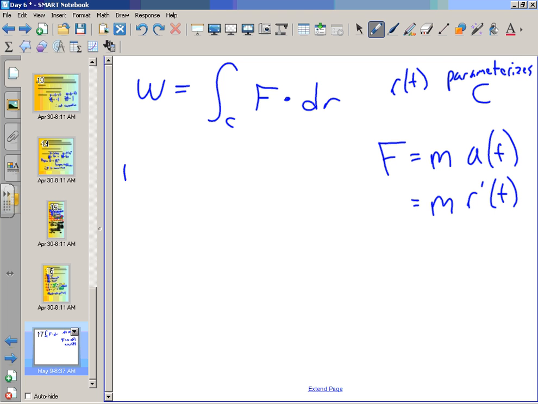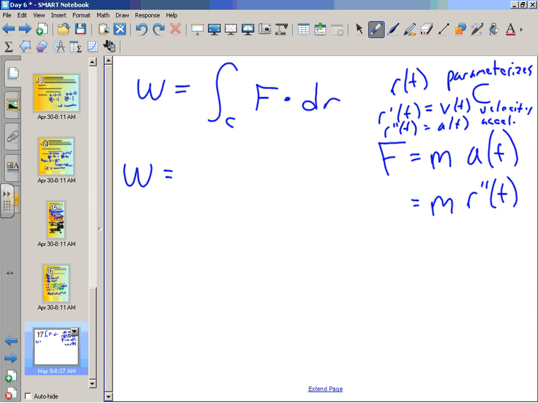Sorry, this is actually going to be the second derivative because it's acceleration. So remember, r prime of t is going to be velocity. R double prime of t is going to be acceleration.